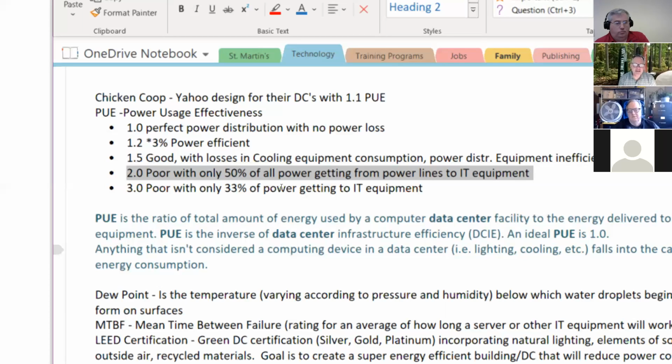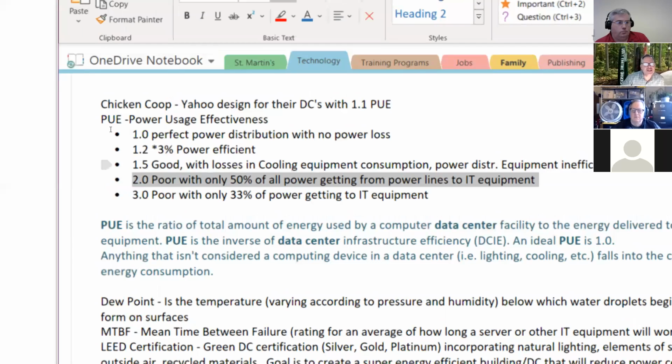The equipment, even changing your equipment out every 4 years, power still is the biggest cost, besides servers, besides salaries, everything. Power is the highest cost of a data center. So that's why we want to try and improve the efficiency of the data center.